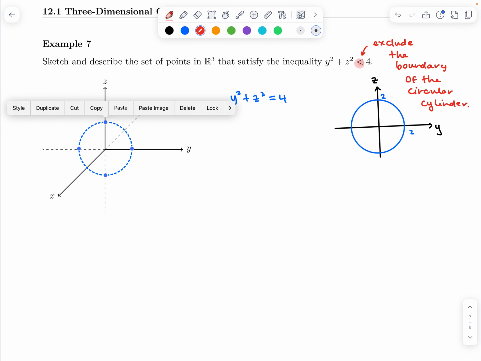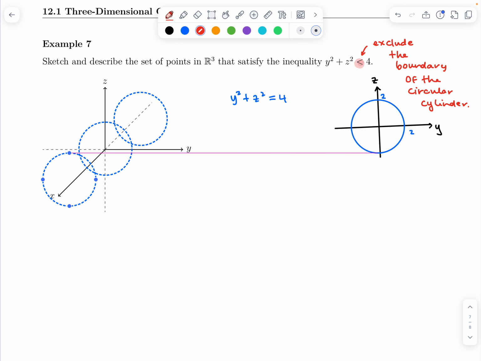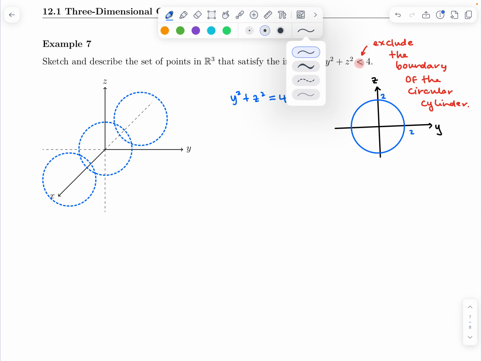So now I'm going to take this, duplicate it, and slide it parallel to the x-axis, forward and backward, and then connect these using lines that are parallel to the x-axis. It's important that when you make your connections, you also use dashed lines, because those are not included.